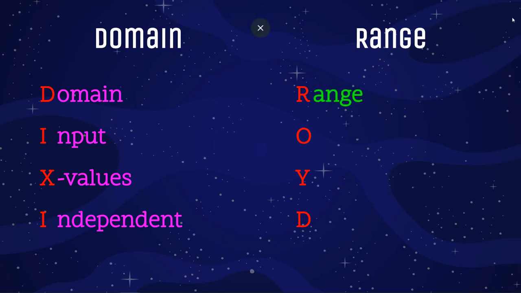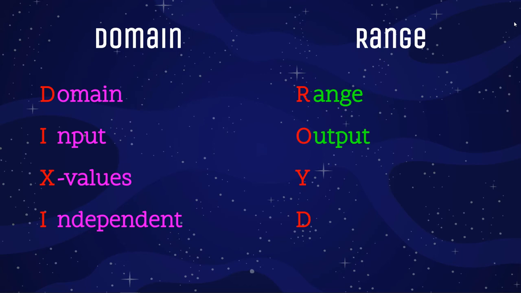When you make that choice, a range is created. It is your output from whatever you put into the equation. So with our example a minute ago with the teddy bears, X would be the number of teddy bears bought, Y would be the amount of money you're spending on those teddy bears.